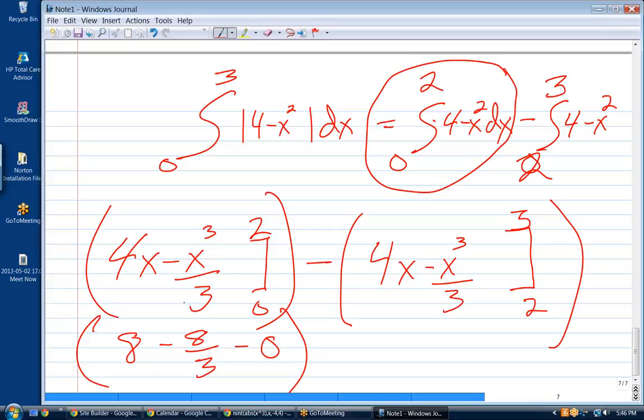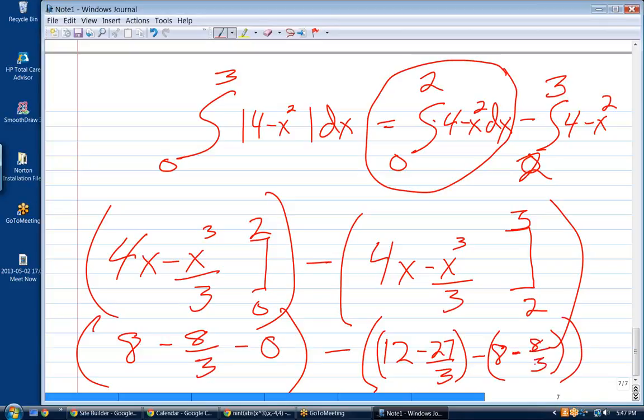Okay. I just substituted 2, and I got 8 minus 8/3 minus 0, because when I substitute 0, this whole thing is 0. Yep. And then I'm going to subtract, and let's see, we have 12 minus 27/3 minus, notice all my parentheses here to keep things straight, 8 minus 8/3.